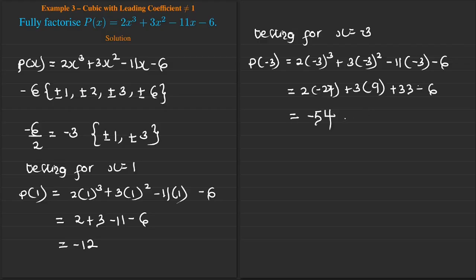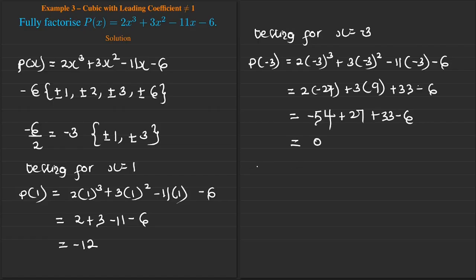Then 3 times 9 gives us a positive 27, then plus 33, then minus 6. Now, if you evaluate all of this, that is negative 54 plus 27 plus 33, that will give you a 6. Then minus 6 will give us a 0.